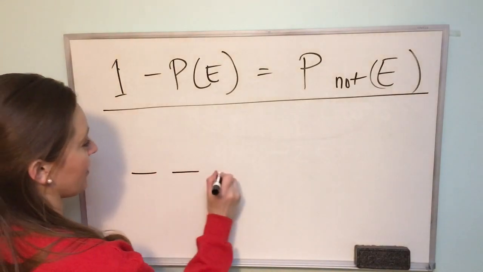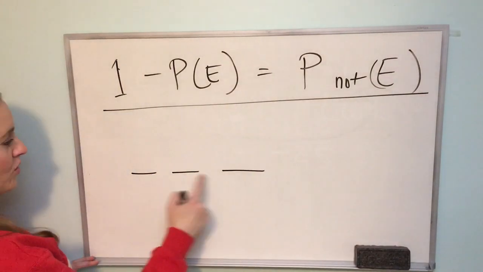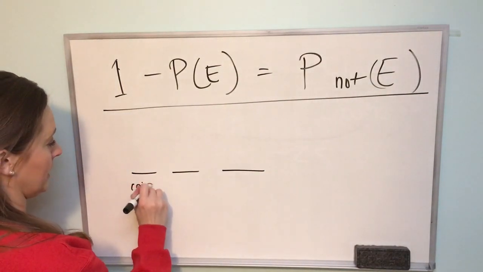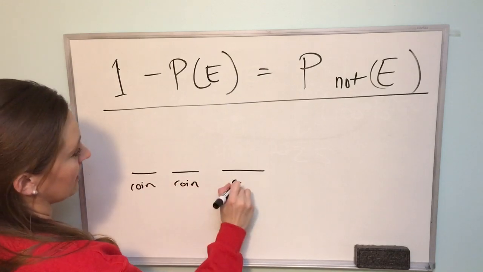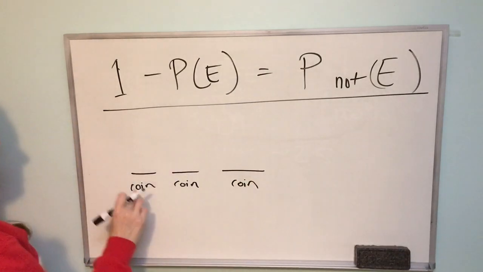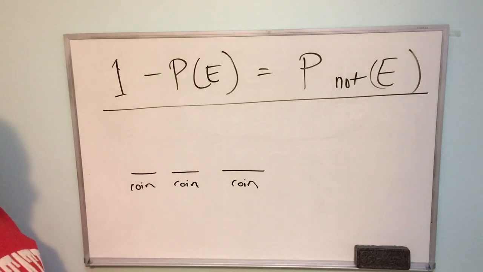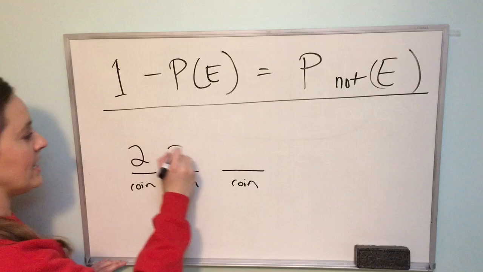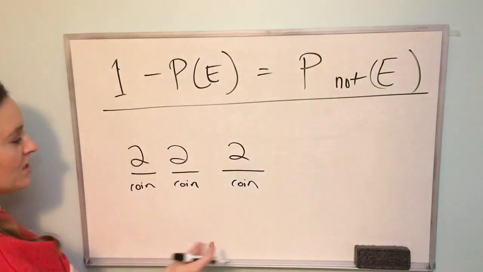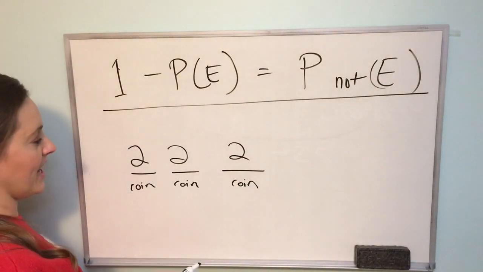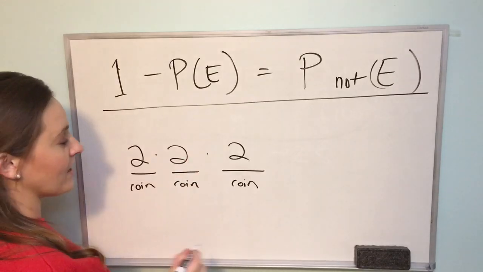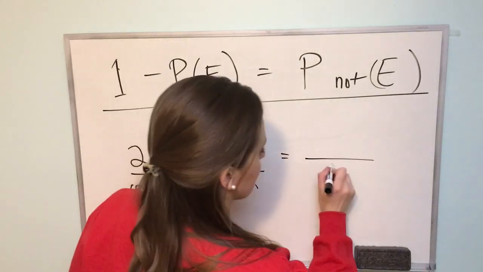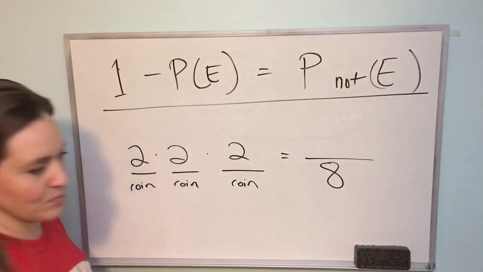If we have 3 different coins, this is each a coin. How many options do I have for the first coin? 2, right? I can either flip heads or tails. And what about the second coin? It's the same and it's the same. So how many different outcomes could I have here? I could have 8 total outcomes, right?